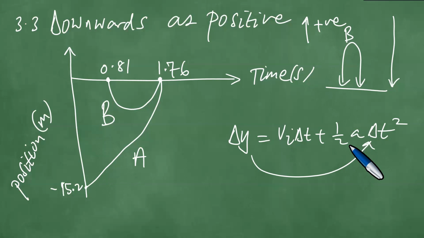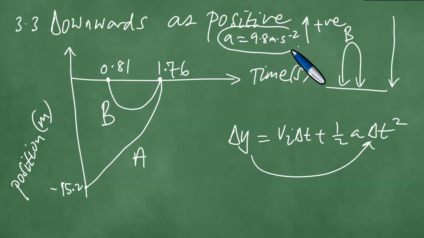Right, I want us to analyze this very carefully. Because if you take downwards as positive, that would mean that a is 9.8 meters per second squared, meaning the acceleration is also positive because it's downwards.